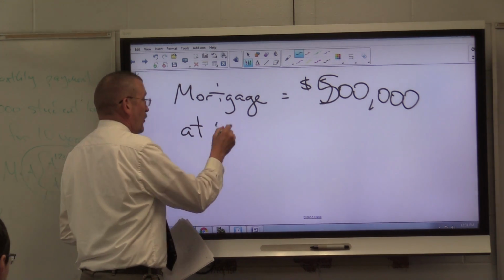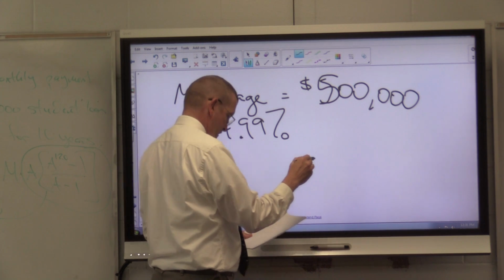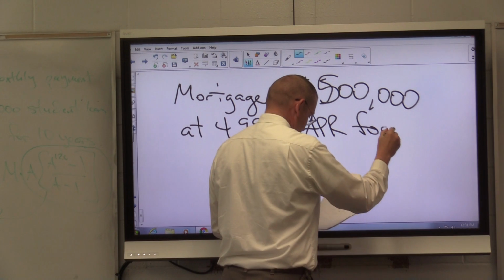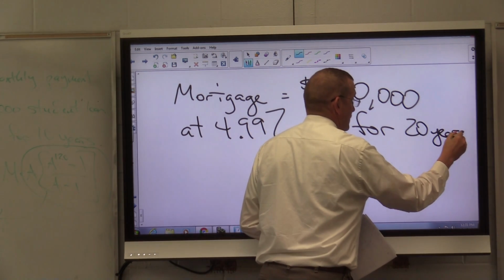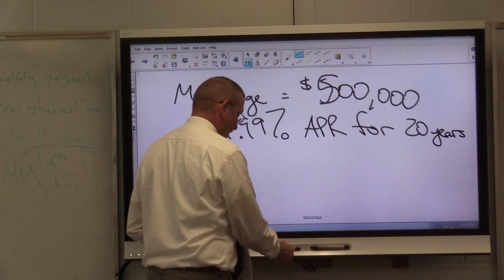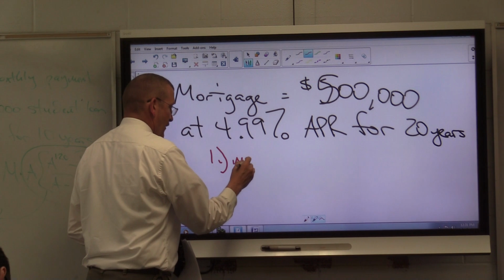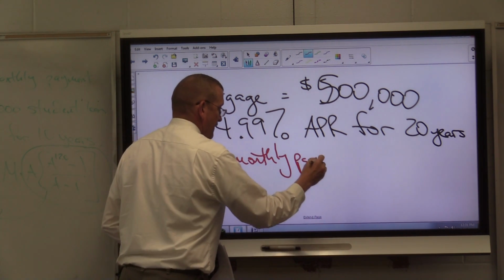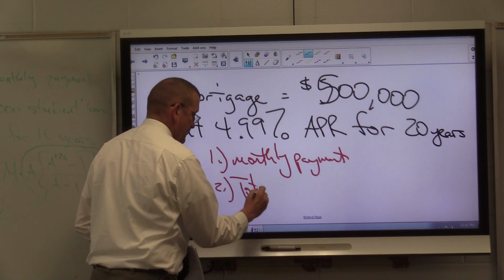At 4.99% APR for 20 years. Okay? Two things I want. I want my monthly payment. And I want my total interest.